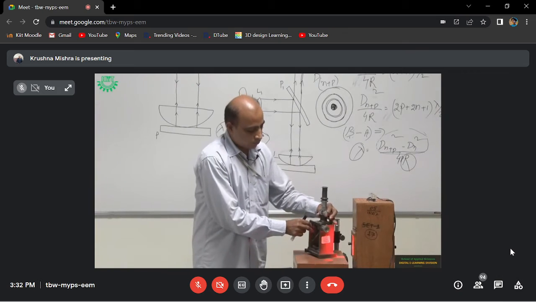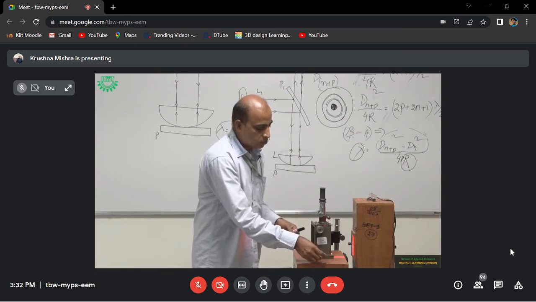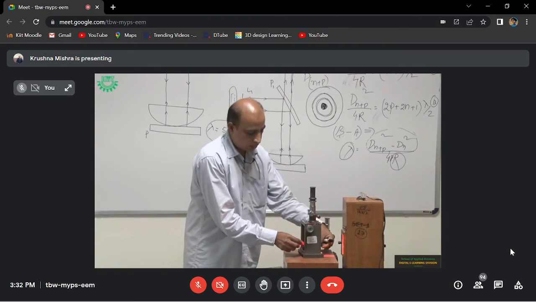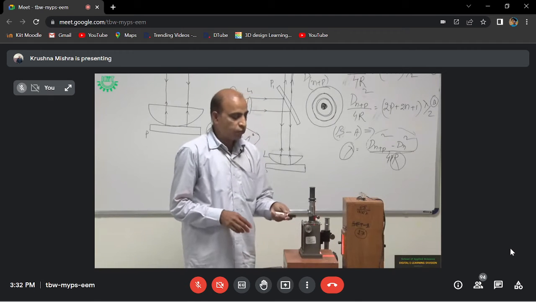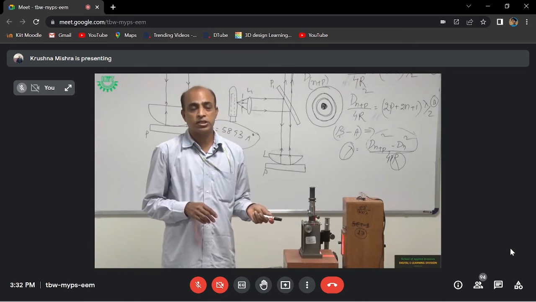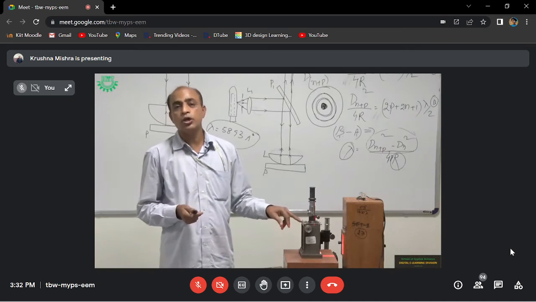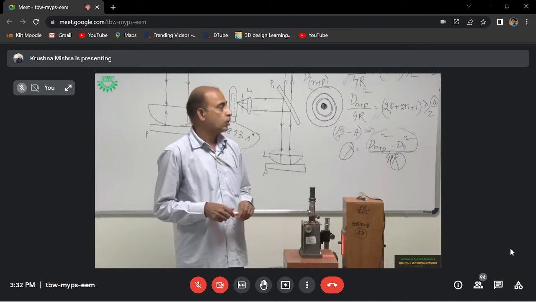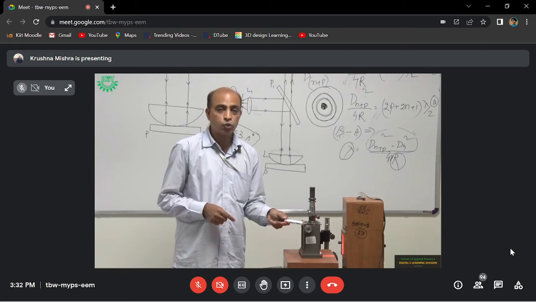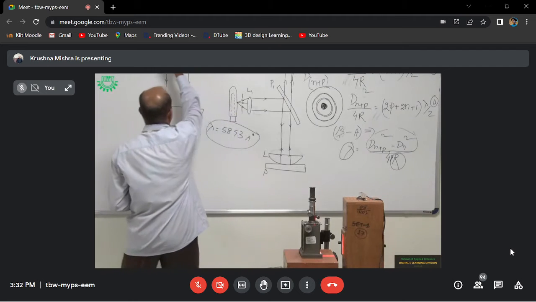So this is the apparatus, and before you start taking observations, we have to find its pitch and least count. As I told, one division on the linear scale is 0.1 centimeter. If you rotate the circular scale once, it covers one division only. That's why the pitch is 0.1.